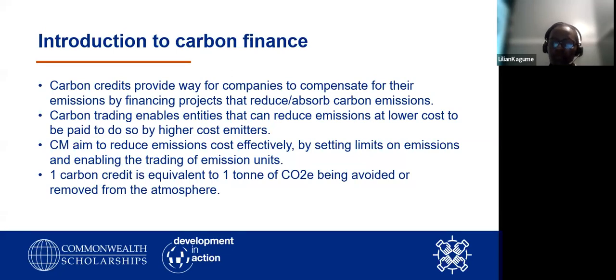For them to be allowed to continue emitting, they have to commit or look for options to offset their emissions. This is basically done by looking at projects they can finance in developing countries so that we can offset those emissions. So, in simple language, that is how it works.